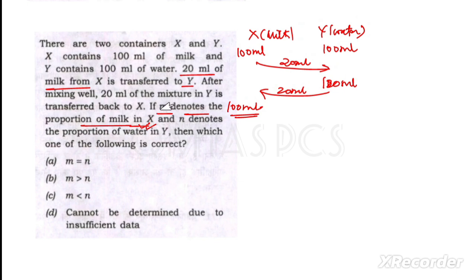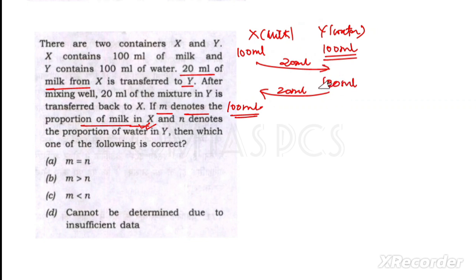Is it clear? Fine. So here, if you see, 20 ml of milk is there in the Y container and 100 ml of water is in the Y container. So we can write this in terms of ratio.